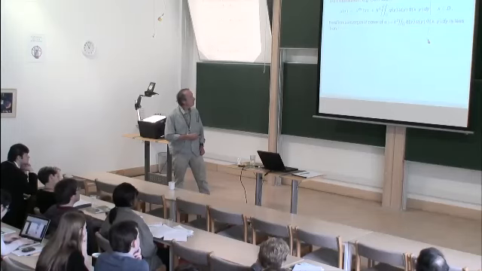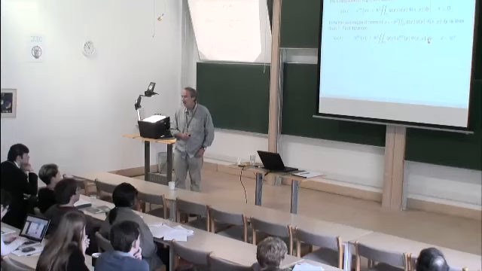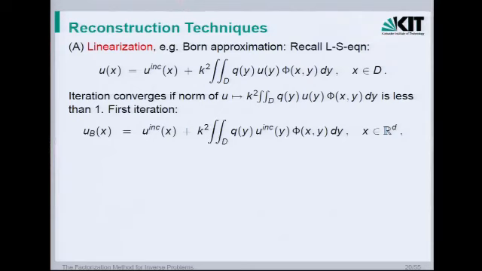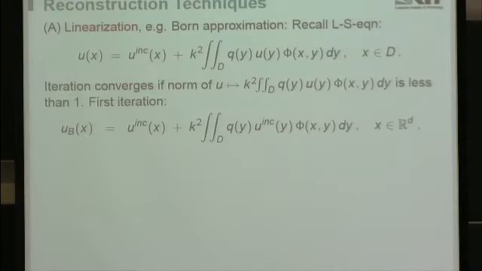So the first iteration in this scheme would be that you substitute the incident field for the total field. The total field is incident plus scattered, so you ignore the scattered field. So this is the first iteration, and that is called the Born approximation.